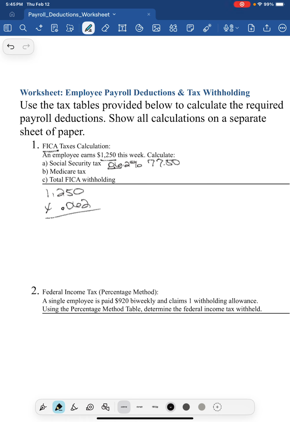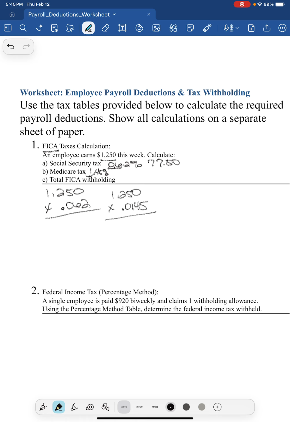Now we have to do Medicare. Medicare tax is 1.45% of taxable wages. And so remember, you have to go twice. You still start with the $1,250, because both taxes come out of the total. And you're going to multiply it by 0.0145. You do not have to remember that number. It is in your module.